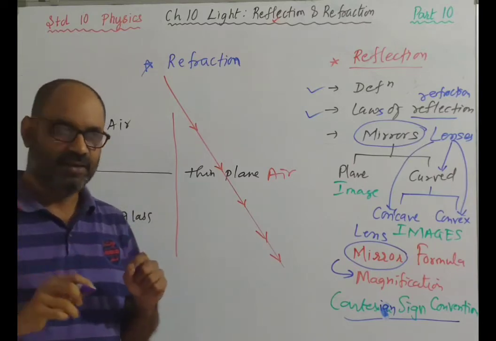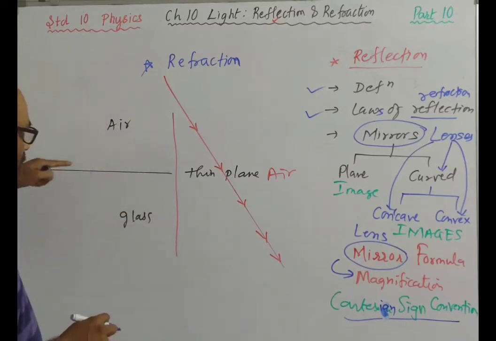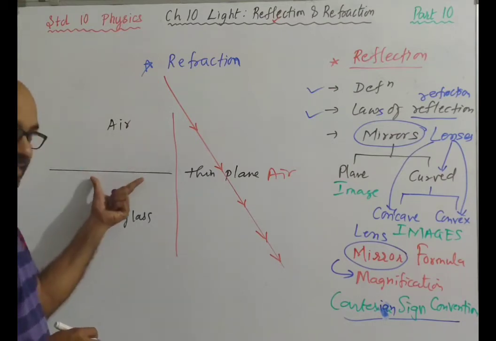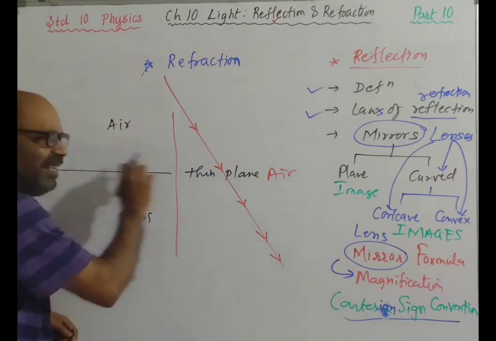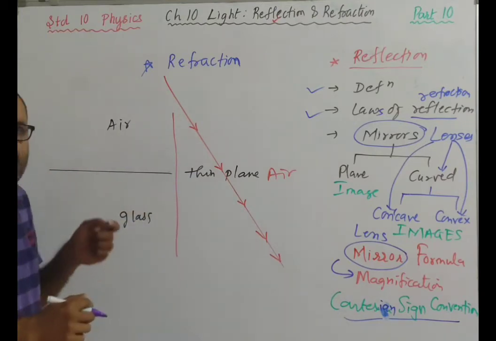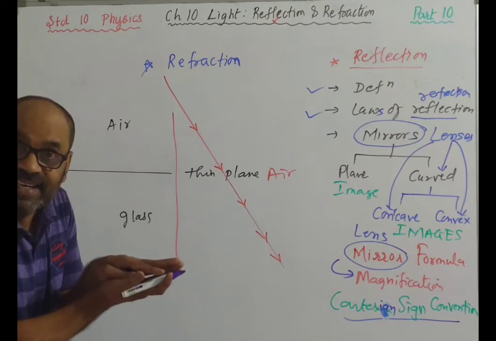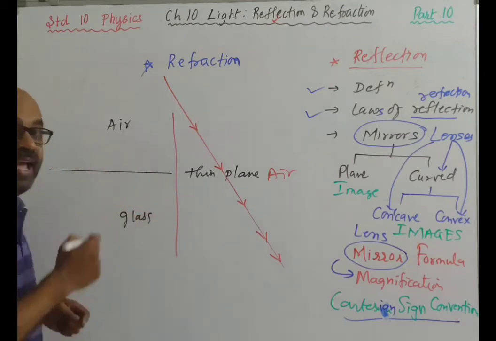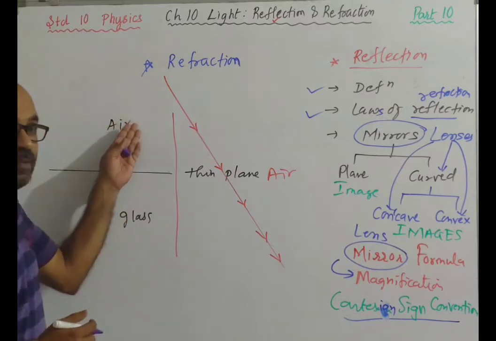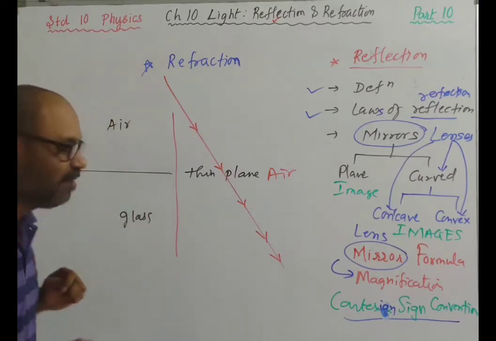Try to understand. Here, the contact between two transparent media takes place. So you can say a thin plane of air and a very thin plane of glass coincide, and that coinciding plane is the plane separating one transparent medium from another transparent medium.